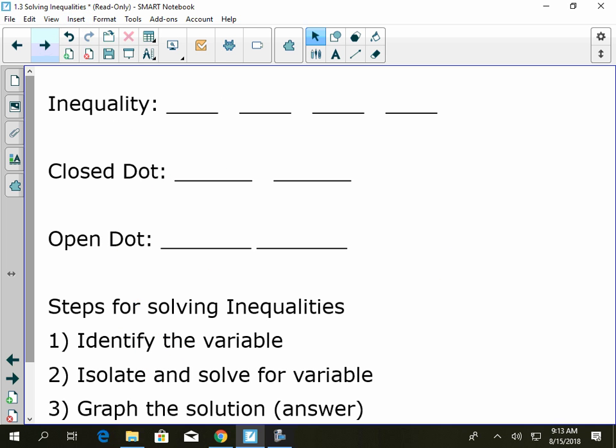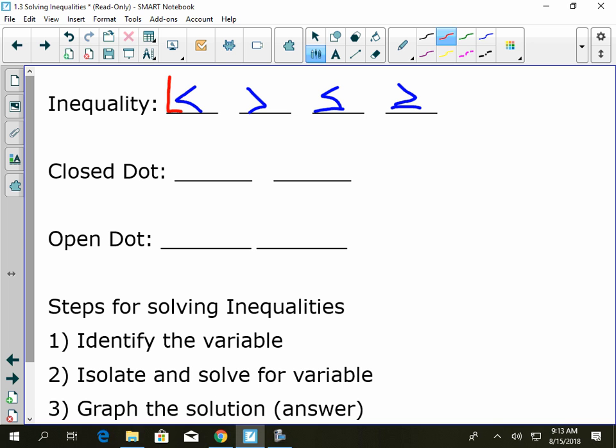Okay, so we're going to talk about inequalities. What's an inequality? An inequality looks like this. Okay, anybody know what this is? How do I say this right here? That's less than.